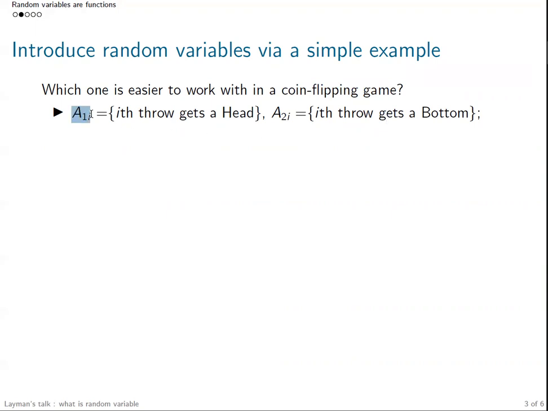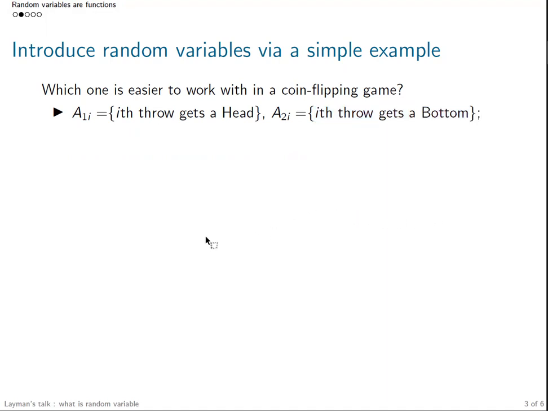Event A1i denotes the event containing all the outcomes such that the nth throw gets a head. And A2i is the complement event of A1i, so it denotes the set of all outcomes such that the nth result is a tail, right?